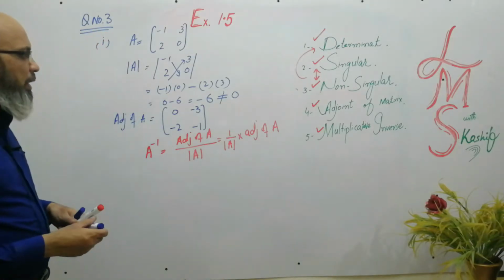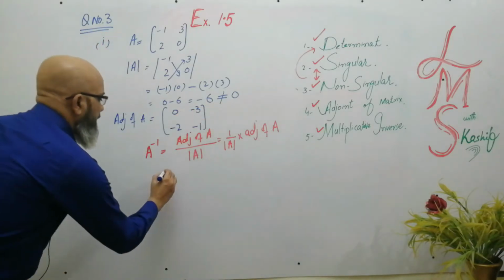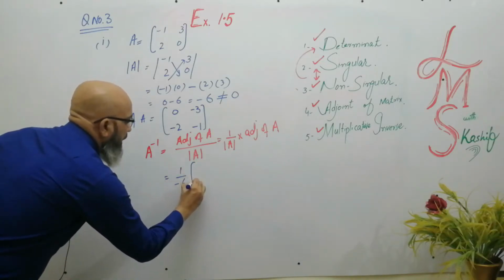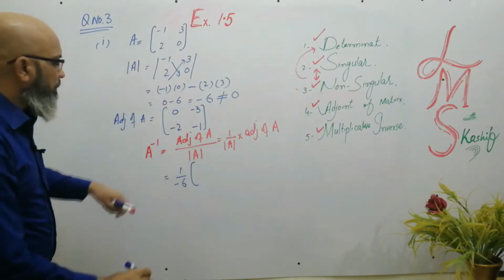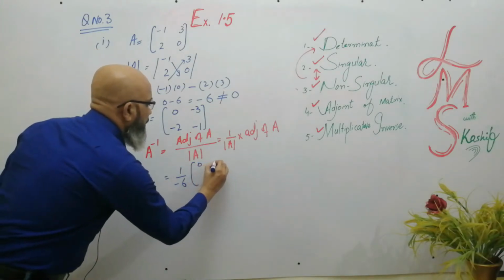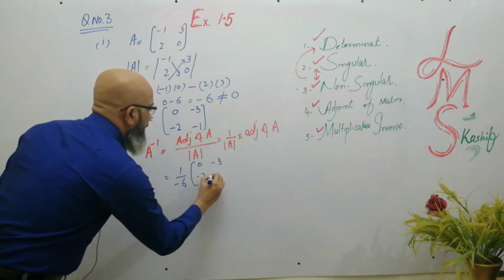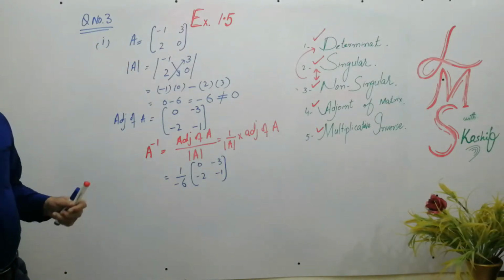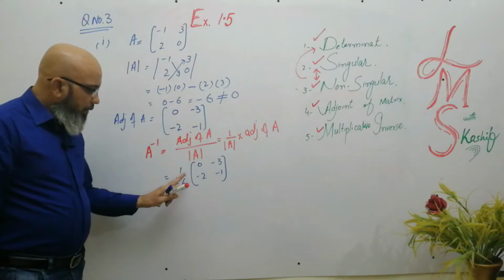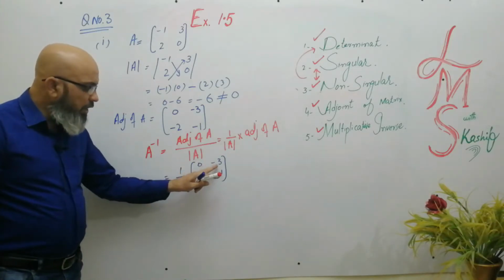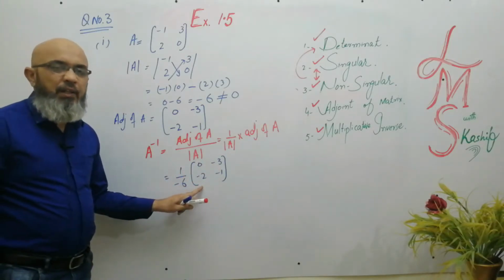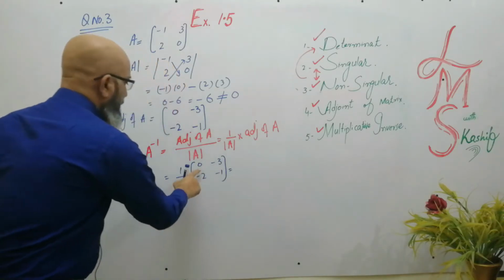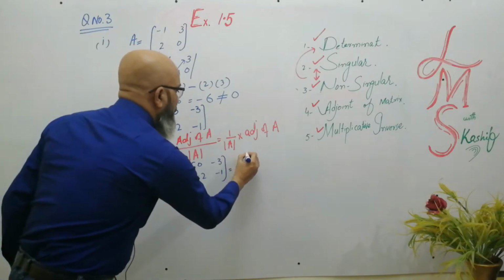Now what is your determinant of A? That is -6. It means 1 over -6 multiplied by adjoint of A, this one: 0, -3, -2, -1. So that's all. In the last step, you multiply this value with each value inside the matrix. When we multiply 0, it comes 0.